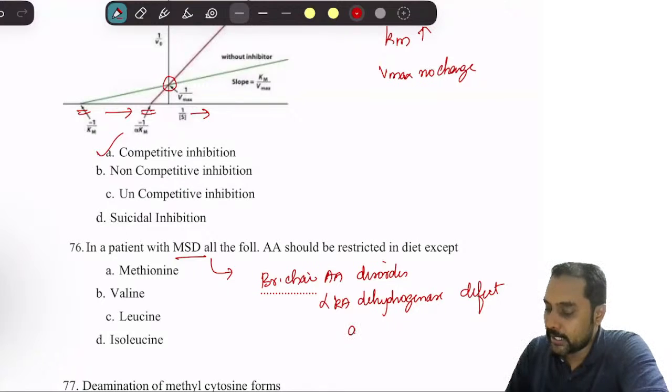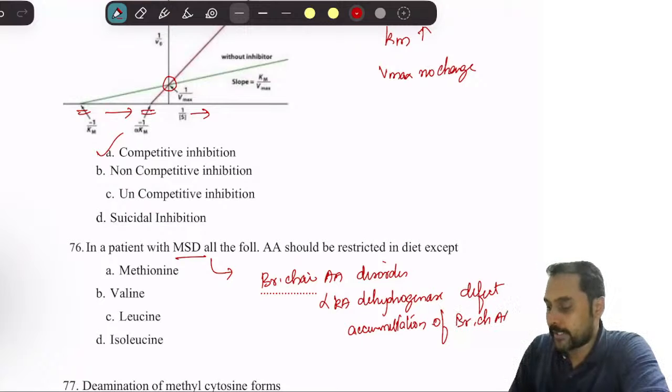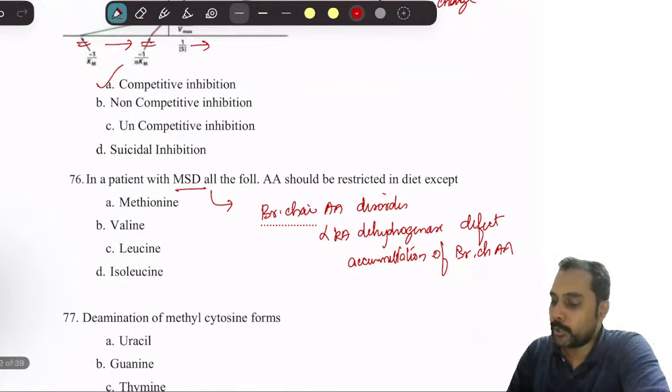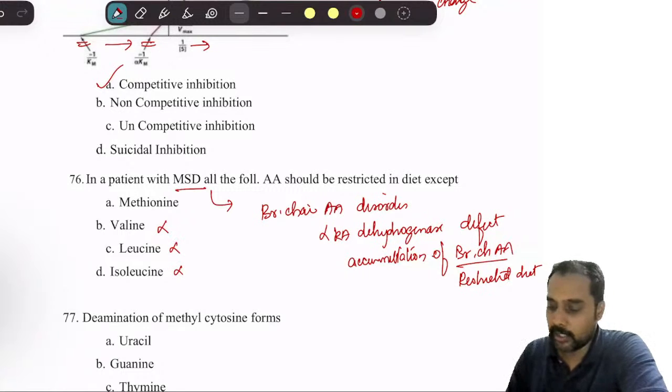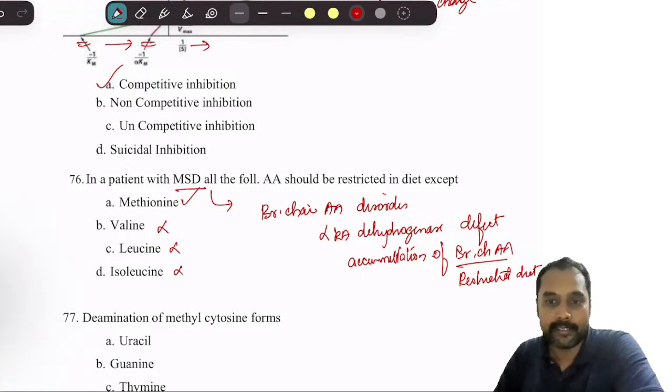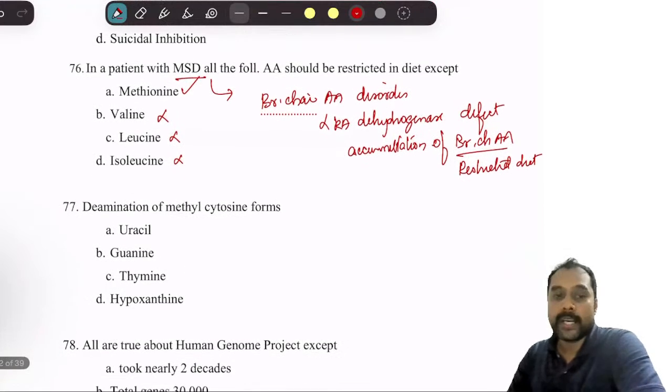That means there is an accumulation of branched chain amino acids. So what you need to do is a branched chain amino acid restricted diet. That means valine, leucine and isoleucine are wrong. The only thing which can be given is methionine. Fine. Very nice. Okay. Next one.